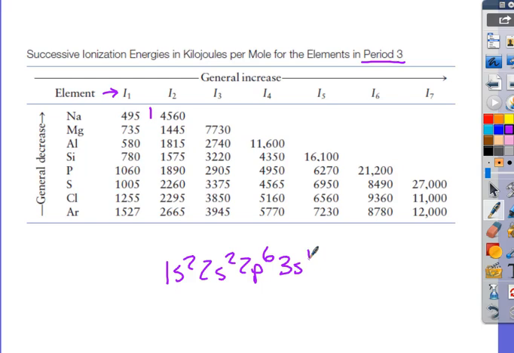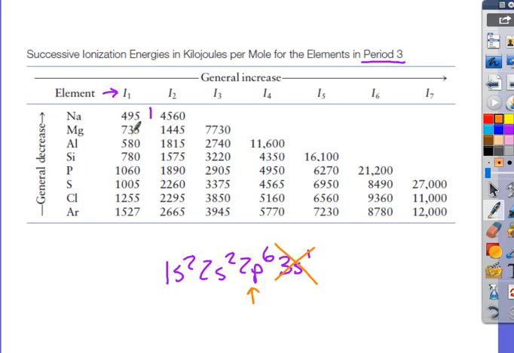When it loses the first electron, it loses the 3s. Well, that's a valence electron. It's farther from the nucleus, so it only requires 495 kilojoules per mole. While when I lose a second electron, I'm losing it from the 2p, which is much closer to the nucleus. And that's what causes that dramatic increase in ionization energy.